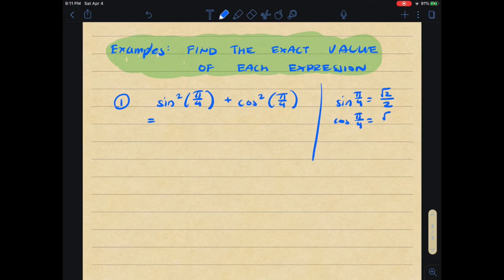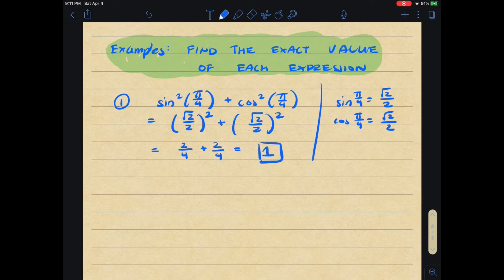And cosine of pi over 4 will also have the same value. So that's what's nice about this 45-degree angle. So plugging it in, I'm going to take square root of 2 over 2, square that, plus square root of 2 over 2 and square that. If you simplify this carefully, you should get 2 over 4 plus 2 over 4, which in the end is just 1. And that's the answer for this first question.